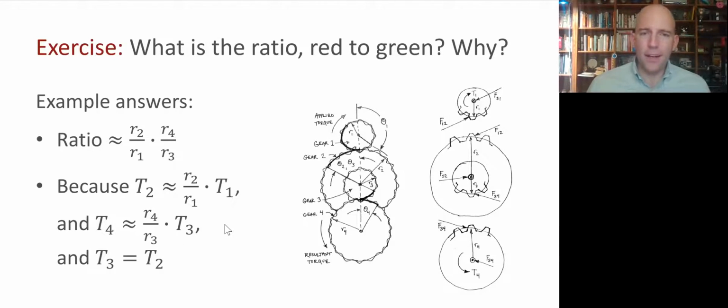And because the second and third gear are rigidly connected to each other, the torques are equal. So if we just take all these facts together and do a little bit of algebraic manipulation, we're going to see that the total gear ratio is R2 over R1 times R4 over R3.